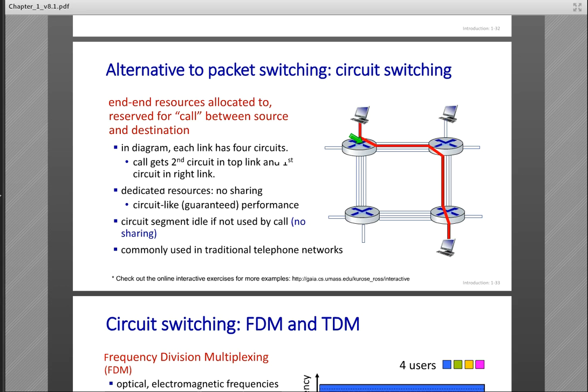Circuit switching is common in traditional telephone networks. When you pick up the phone and dial a number, after a while you hear a beep, something like this. This beep means that the circuit is set up.